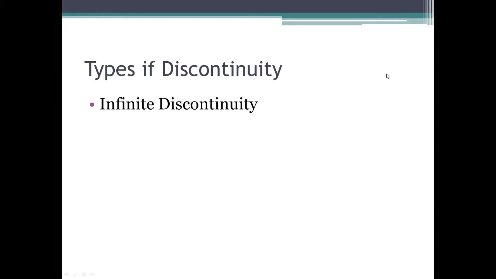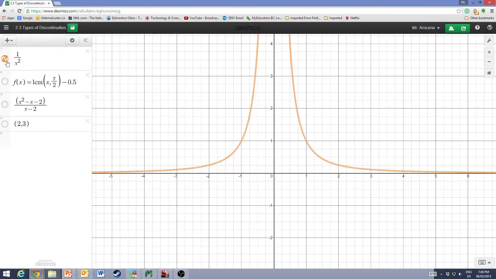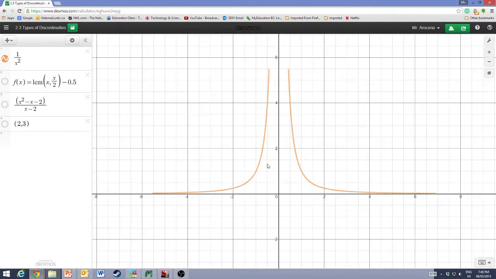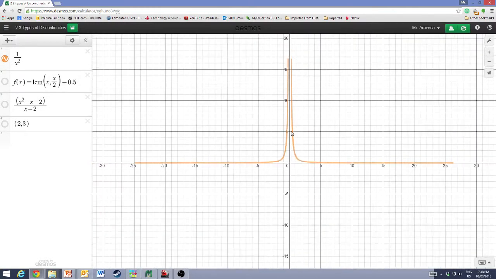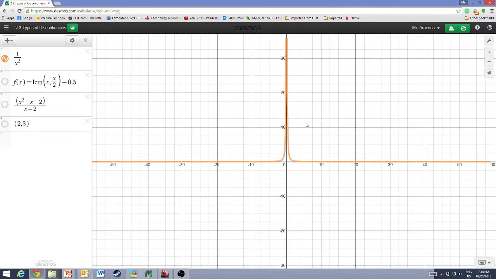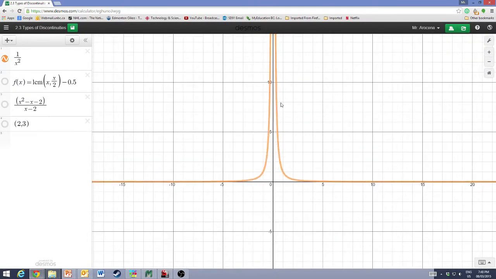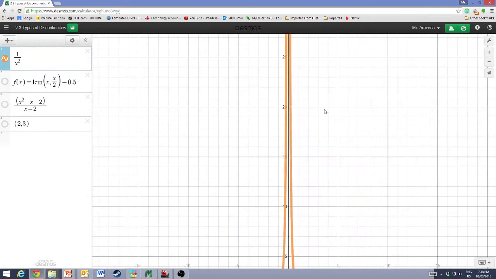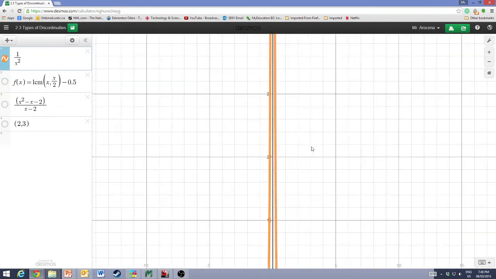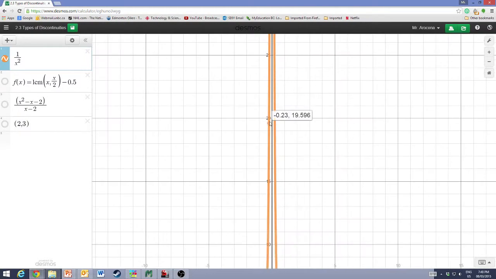I'll give you an example. Here's a function that shows an infinite discontinuity. We call it an infinite discontinuity because the function goes towards infinity and never actually jumps across this asymptotic line, this asymptote.